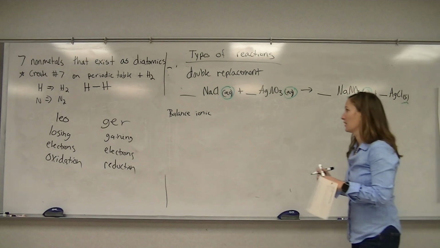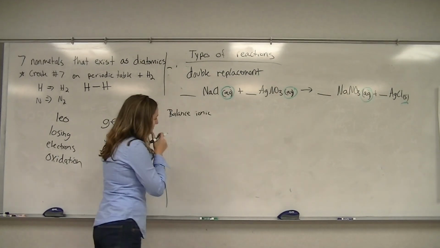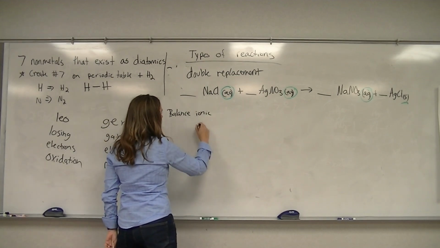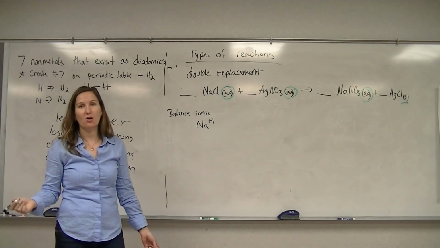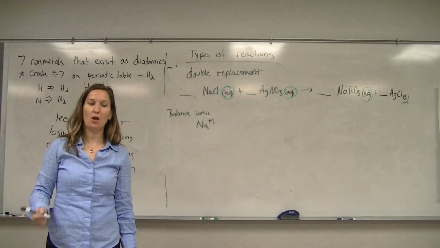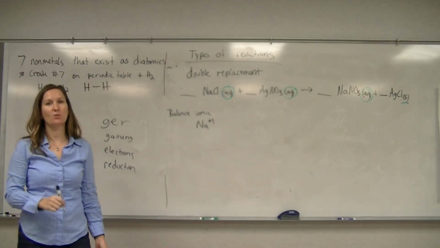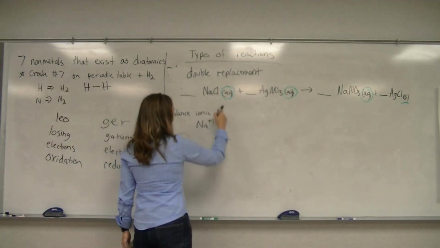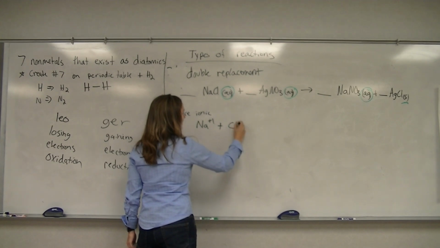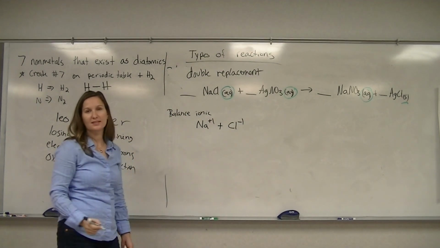So for balanced ionic, to write the charges, Na is a +1. How do I know that? It's an alkali metal, group 1 of the periodic table. All alkali metals form a +1 oxidation state every time. Chlorine, -1. It's a halogen.